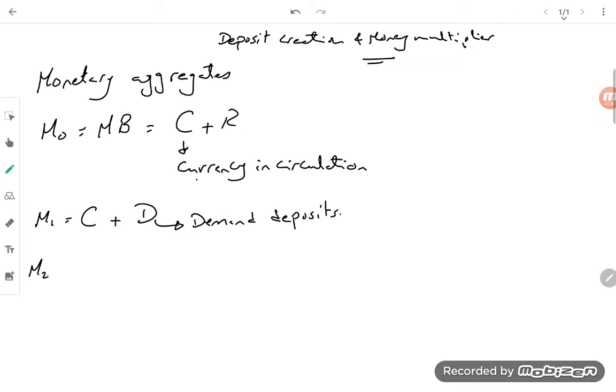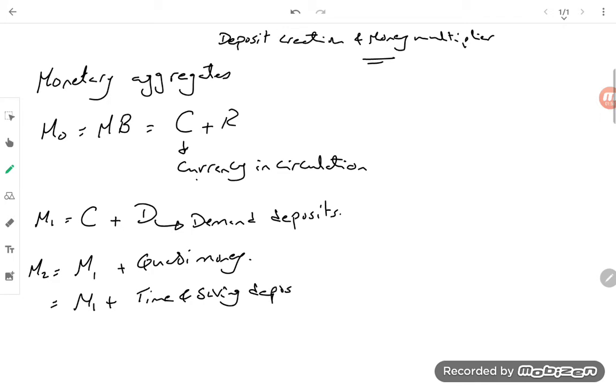While M2, which is M1 plus quasi money, or can be written as M1 plus time and saving deposits, in addition to all types of deposits in foreign currency.